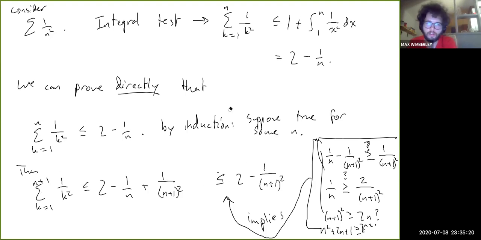And look, the integral test was nowhere to be seen in this proof, even though we did use it to actually come up with this bound in the first place, right? It's kind of the reverse of how, in legal contexts, like when you're prosecuting a criminal, there are rules about how you can obtain evidence.